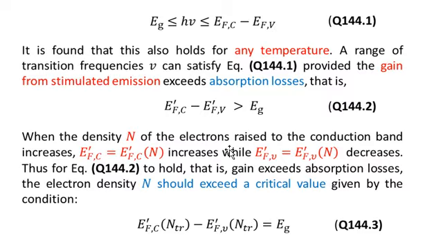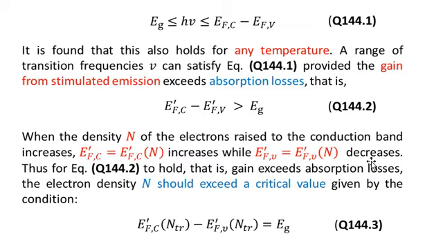When the density n of the electrons raised to the conduction band increases, the Fermi level in the conduction band becomes a function of the density of the electrons. So the greater the density of the electrons, the higher the Fermi level will move up inside the conduction band. While the Fermi level in the valence band, as a function of n, will decrease.